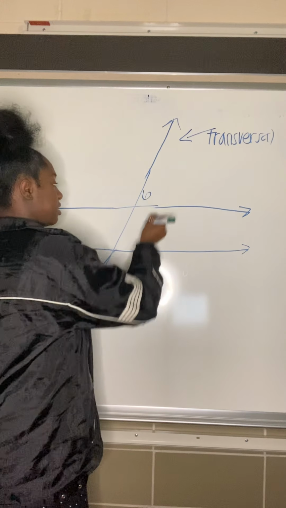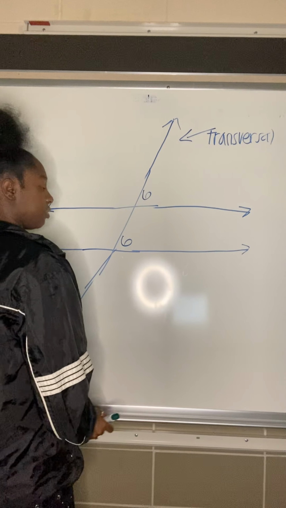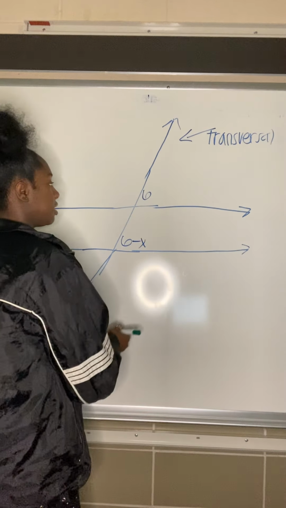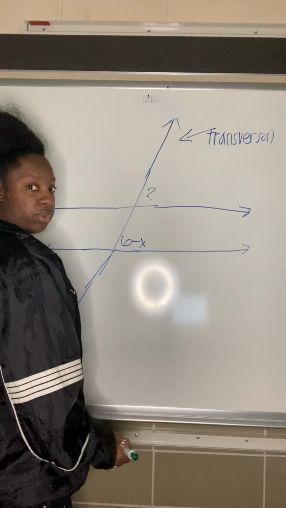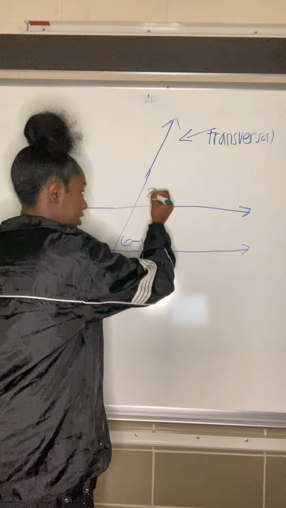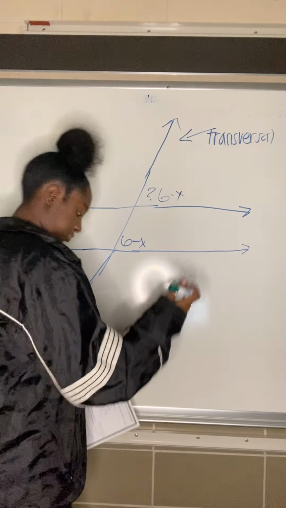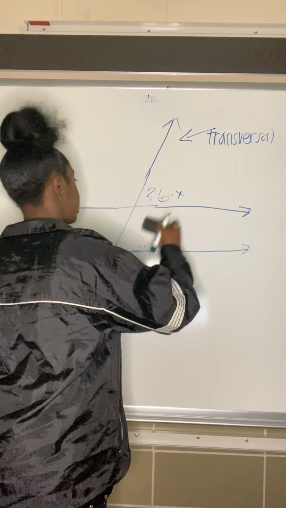If this is 6, this angle right here is going to be what? 6, right? If we said this one is 6 minus x, and we're trying to find out what this one is, this is going to be 6 minus x as well, correct? So that's what corresponding angles and congruent mean.